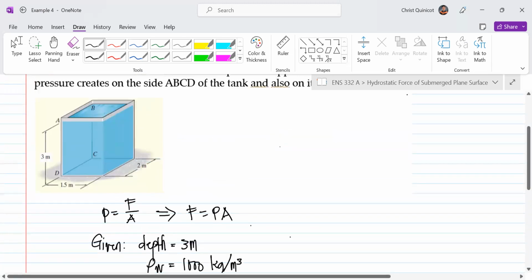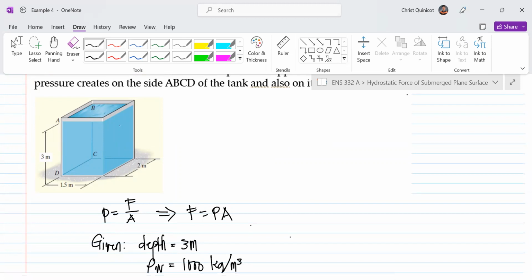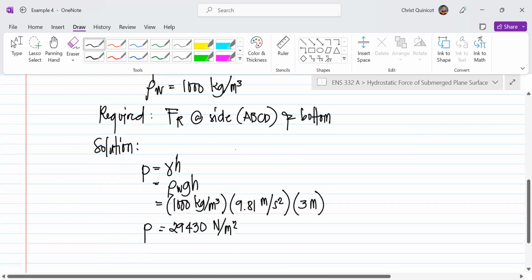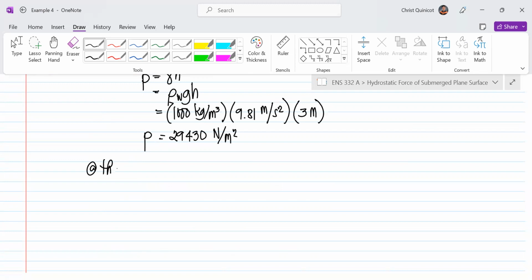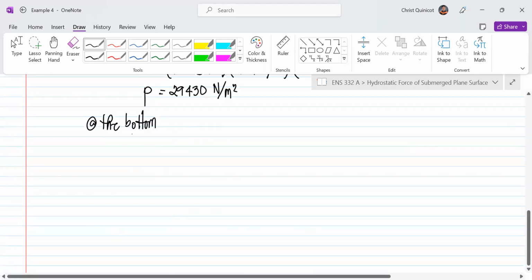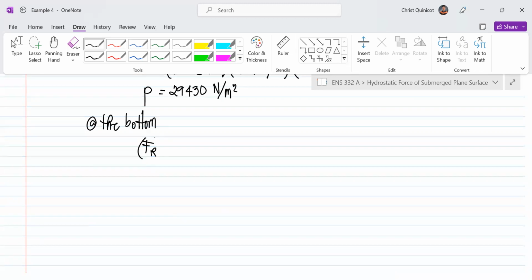And for the bottom, F sub R at the bottom is equal to P times area at the bottom.